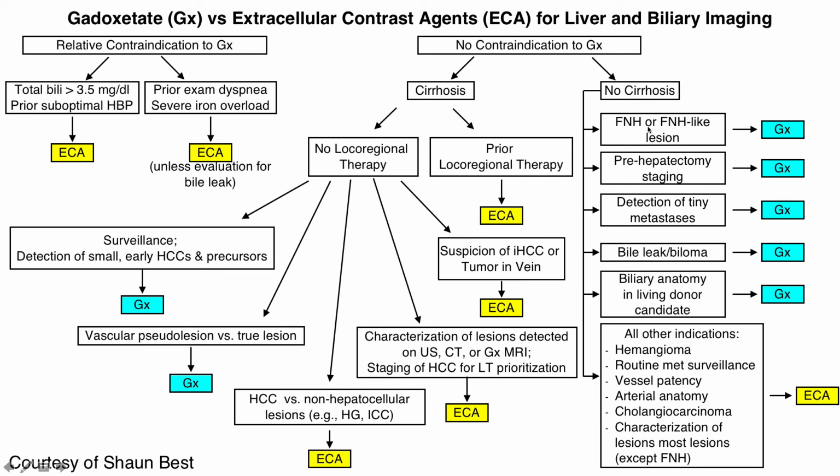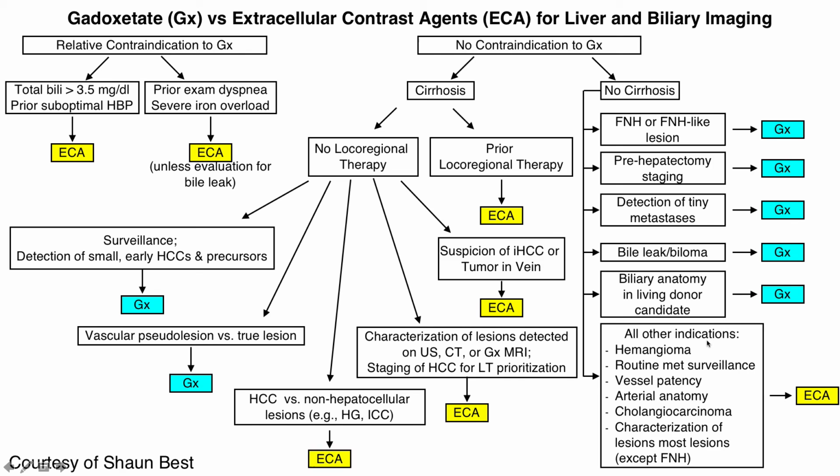If you suspect FNH, if the patient has cancer and you want to do pre-hepatectomy staging, if there's high suspicion of occult metastases that have not been detected by imaging, for example, the alkaline phosphatase is elevated. If you want to look for a bile leak or biloma, and this would be a really niche utilization, if you're trying to look at biliary anatomy in living donor candidates, you give Gadoxetate.